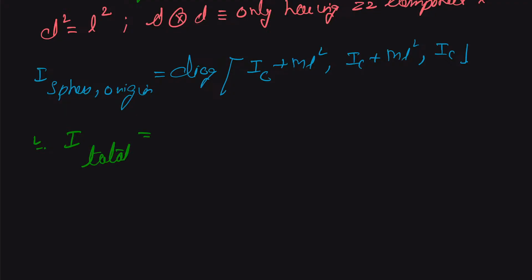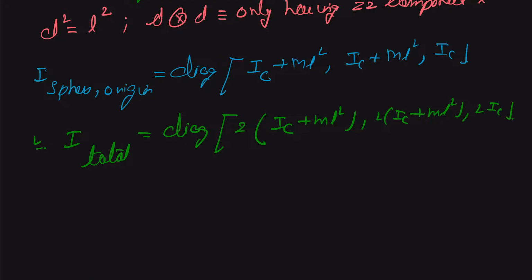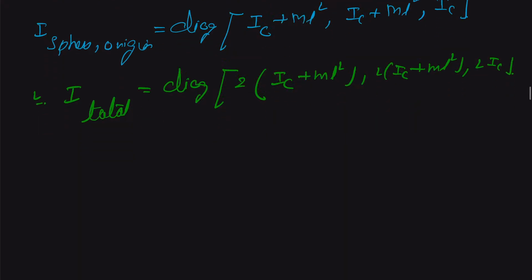will be equal to diagonal: 2 times IC plus ml square, 2 times IC plus ml square and 2 times IC, and IC is 2 by 5 mb square.